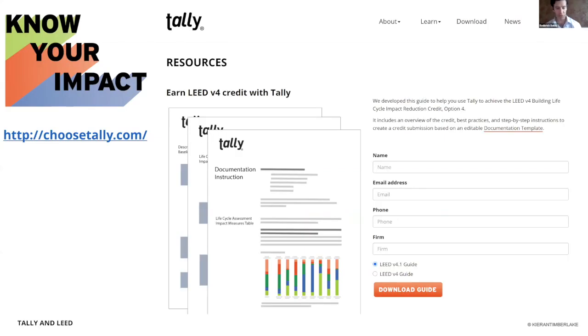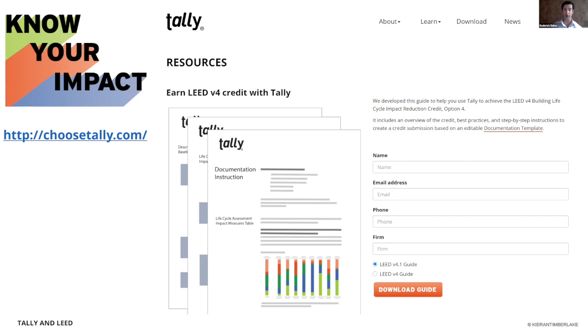So one of the key things we realize as a tool developer, particularly for a process like LCA, which is sort of on the upswing of adoption, is that providing educational resources is incredibly important. So one of those is LEED. We provide a LEED guide that explains things like baseline buildings. What does that look like? What sort of documentation is required?